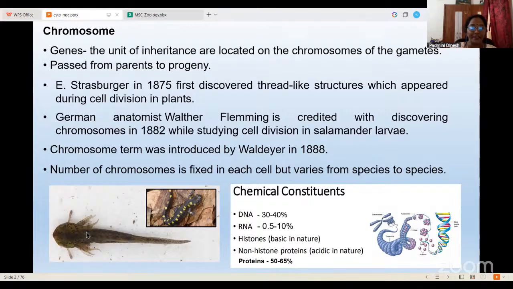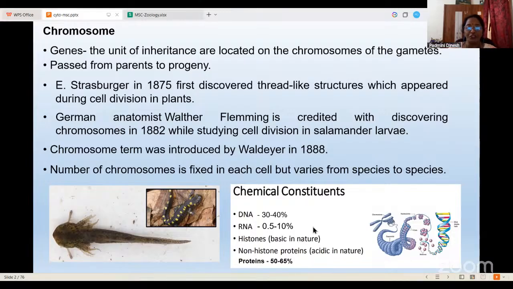And Waldeyer in 1888 introduced the word chromosomes. The number of chromosomes is fixed in each cell but varies from species to species, such as humans, the canine family, the cat family, the dog family. Different species will have different numbers of chromosomes.